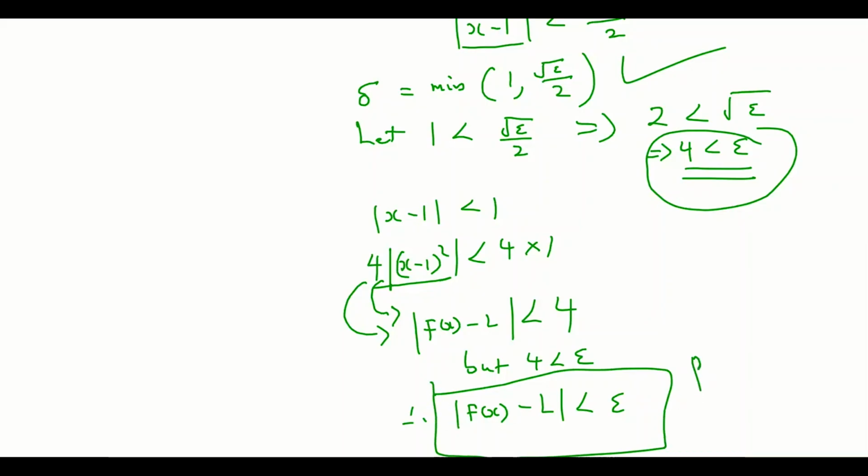So it has been proven that the limit of that cubic function is 0 as x approaches, I think, 1. So that is what you need to do. For this one, you just have to practice this yourself.